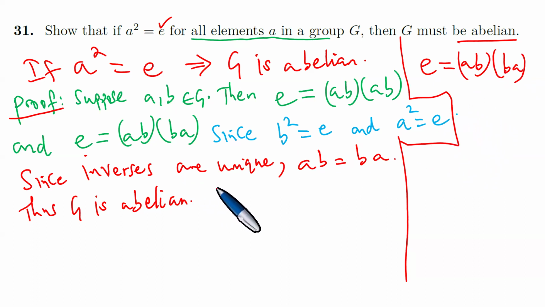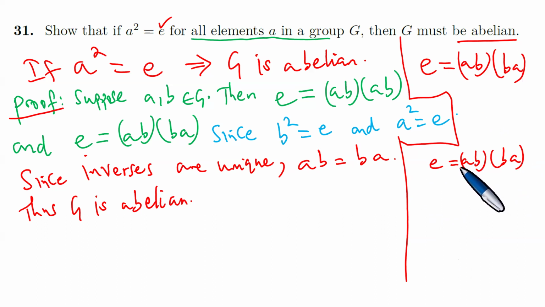Because we're saying since inverses are unique, it means that the inverse of AB is BA. Simultaneously, we can write E is equal to AB. There's something I want to demonstrate here, some intermediate step. So we start with AB and we want to remove this BA.